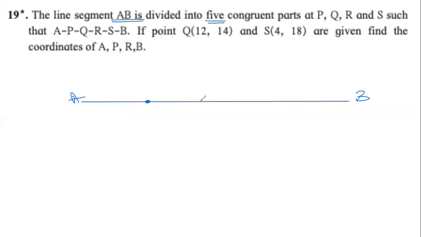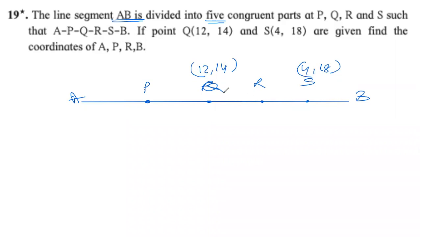So suppose P, Q, R, and S are here. Point Q is (12, 14) and point S is (4, 18). Find the coordinates of A, P, R, D.